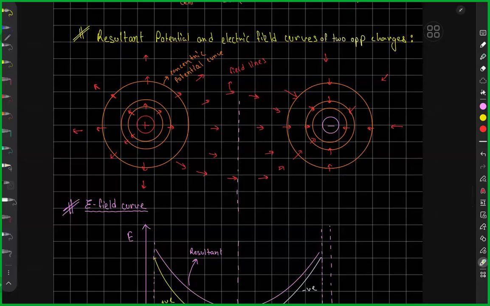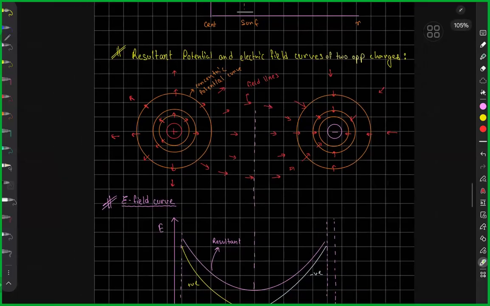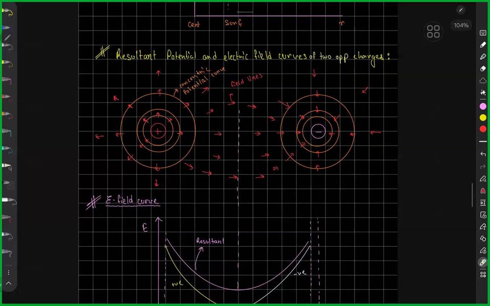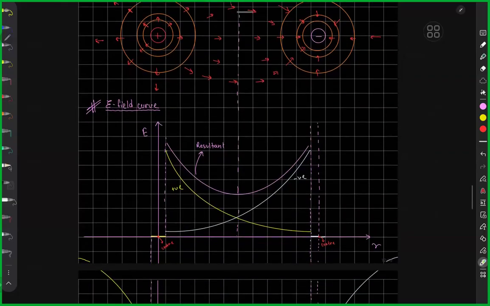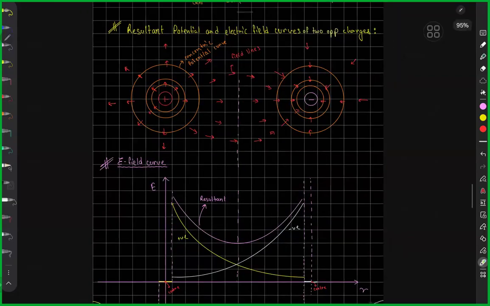Now, the thing I want you guys to focus on is to notice that the field lines go from the positive end to the negative end. And what we want to first understand, and this is where I want your attention very carefully, is that I want to plot the electric field strength versus the distance.